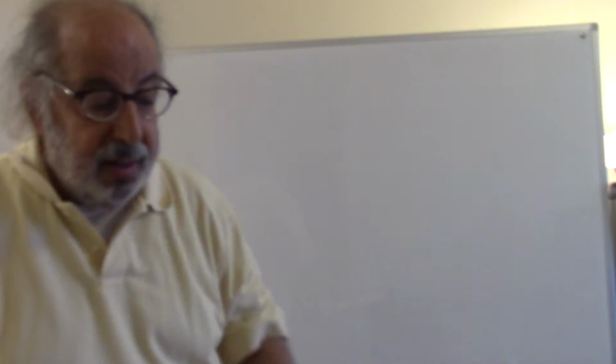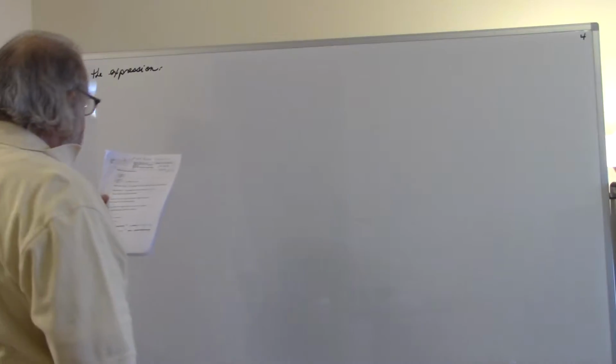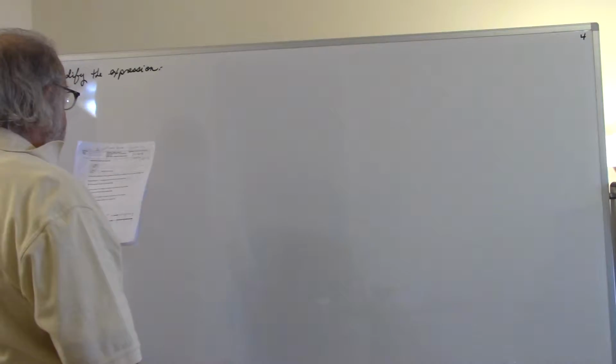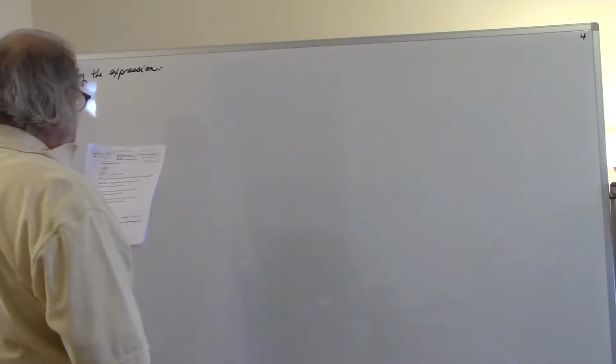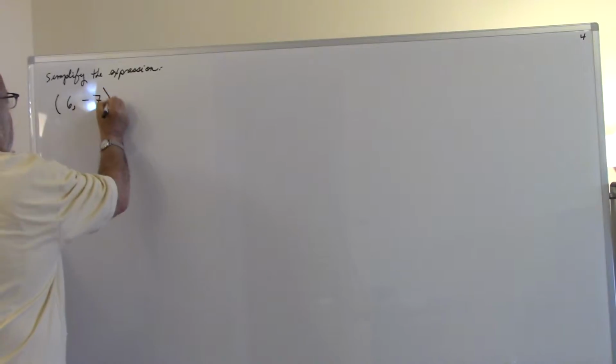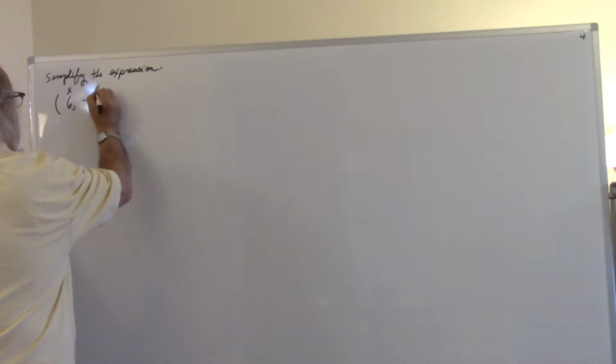Okay, next problem is use the given conditions to write for a line in the point slope form and the slope intercept form, passing through 6, 7. So this is the x and this is the y.